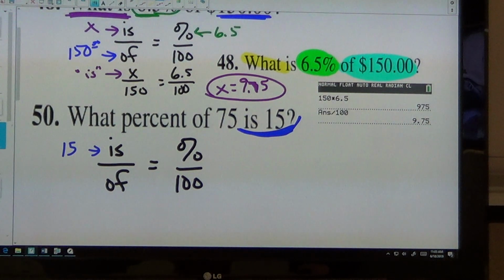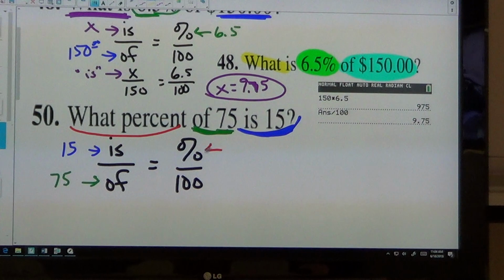So now I go to the next number, 75. Even though it's next to of and is has already been used. So what is this going to be? Of. Which leaves what percent? That's what you're trying to find.